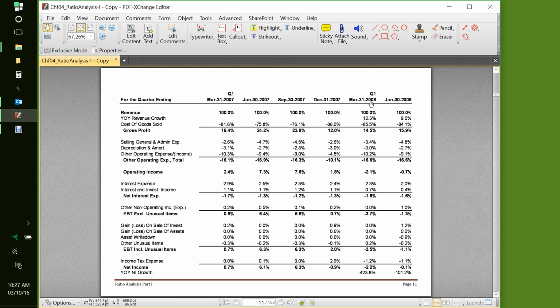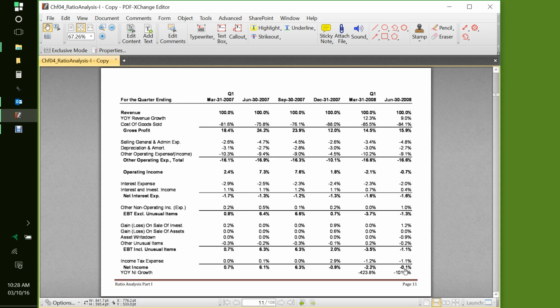And if we look at the quarter ending March 31, 2008, compared to the prior year's quarter, we have about a 4% increase in COGS, which is also pretty big. Okay, so we can see that Continental's costs are increasing on a year-over-year basis, and we can see that that trickles down to net income.